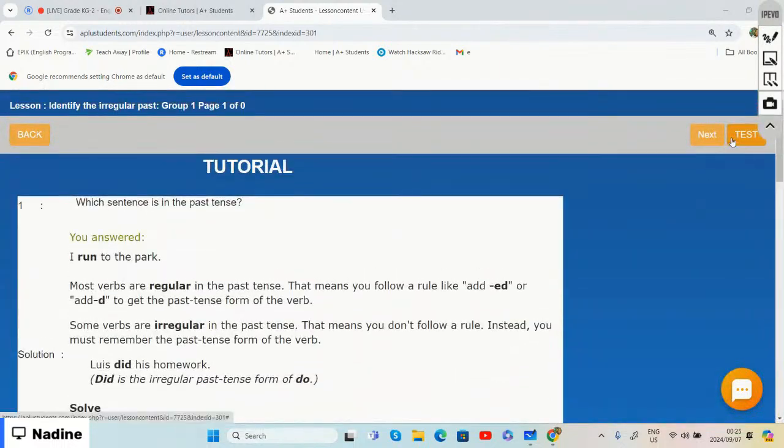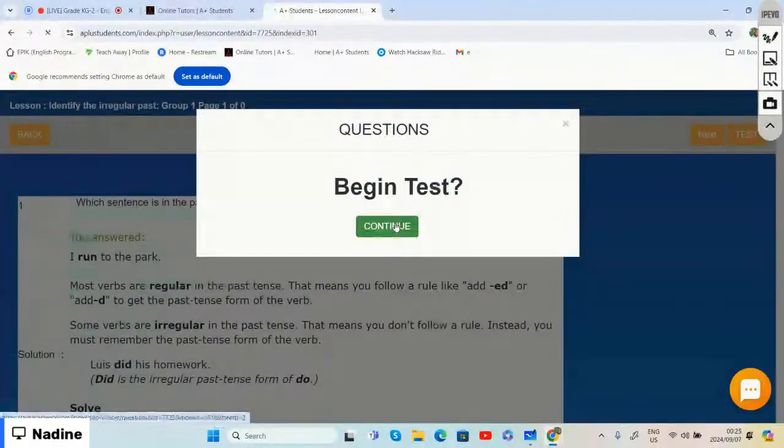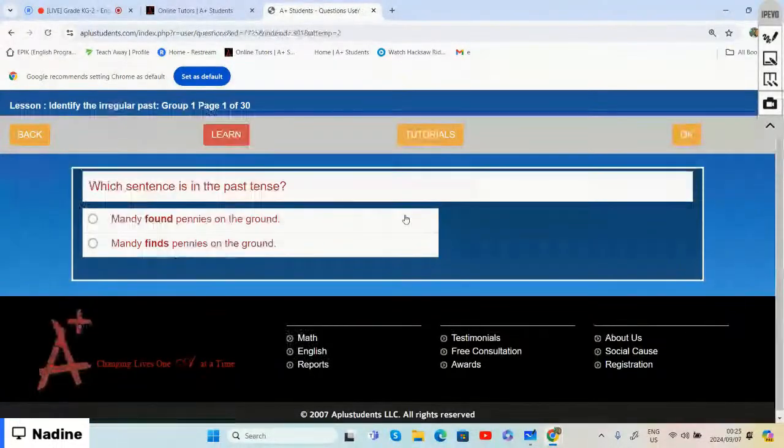Well done. Now we're going to our test where we're going to identify the irregular past tense. We need to say which sentence is in the past tense. Do we say Mandy found pennies on the ground, or Mandy finds pennies on the ground?